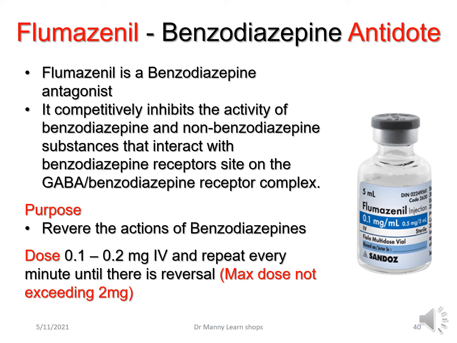The purpose of this medication is to reverse the actions of the benzodiazepines. But remember, when you reverse it, they will wake up. Well, we hope they wake up. The dose typically is 0.1 to 0.2 milligrams intravenously, and this can be repeated every minute until there's reversal. The maximum dose should not exceed 2 milligrams.